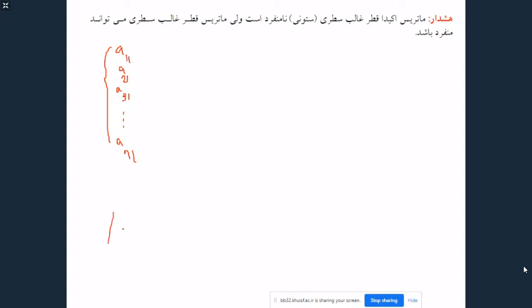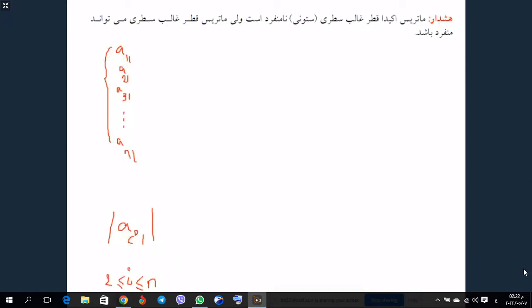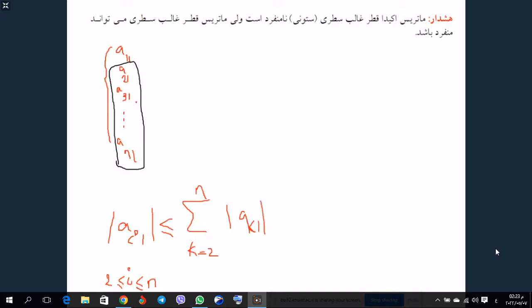If we calculate |a_i1| for i from 2 to n, I mean these entries, it is less than or equal to the sum over k from 2 to n of |a_k1|, because a_i1 is one of them.